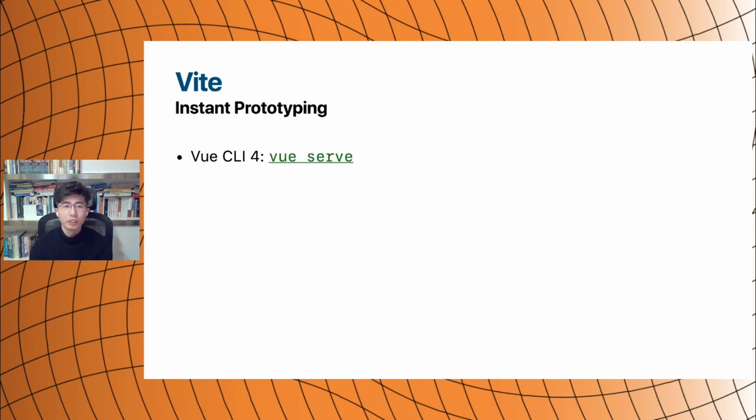This is quite useful, but it is also confusing sometimes because users might confuse it with the project-local vue-cli-service serve command, which is used to serve an app, not a single component. So in Vue CLI 5, vue serve is just an alias to vue-cli-service serve.